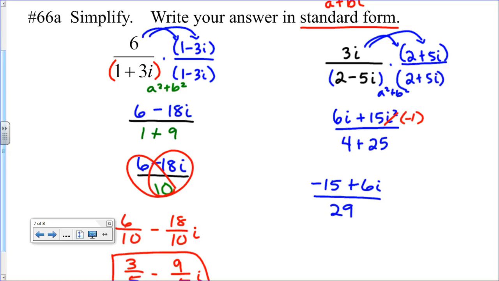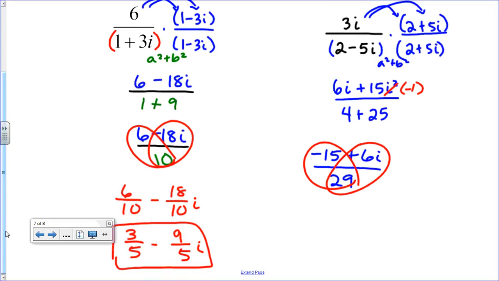I wrote the negative 15 first because when I separate I need a plus bi. Okay, and then separate. I wouldn't want to factor out first because nothing would cancel with my 29.